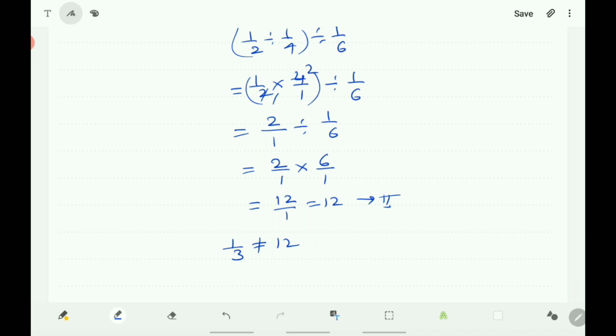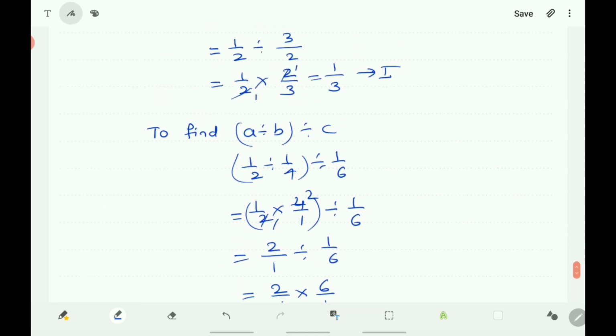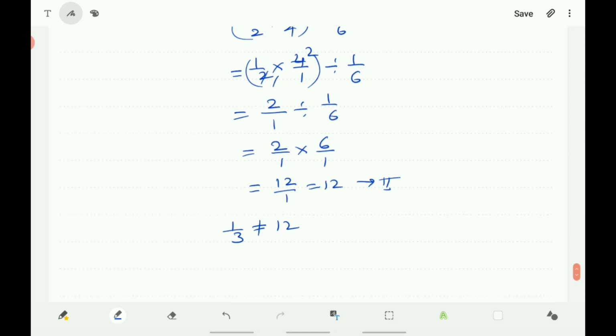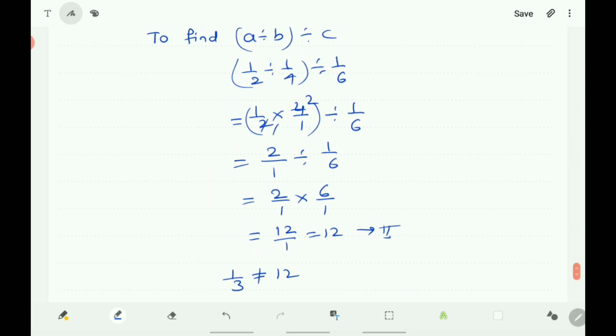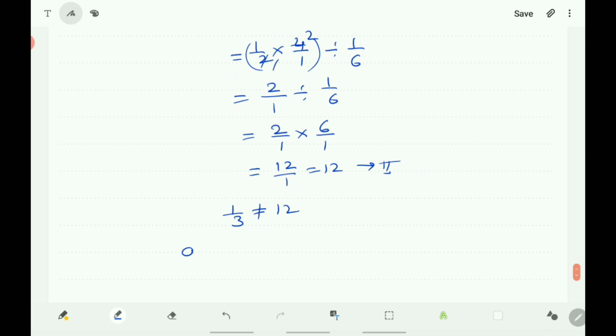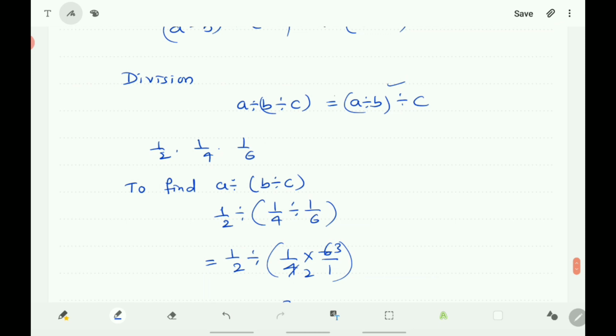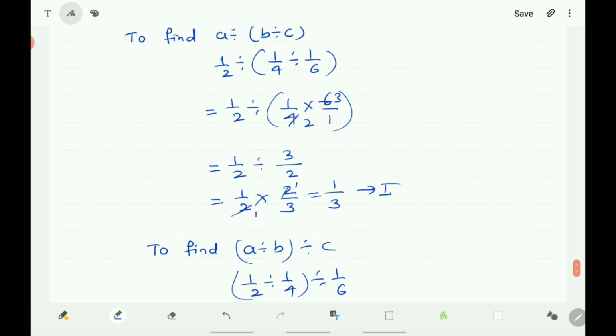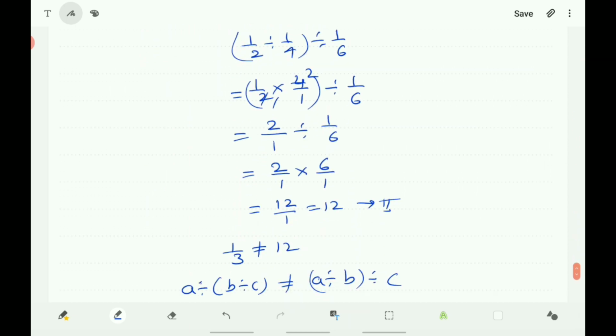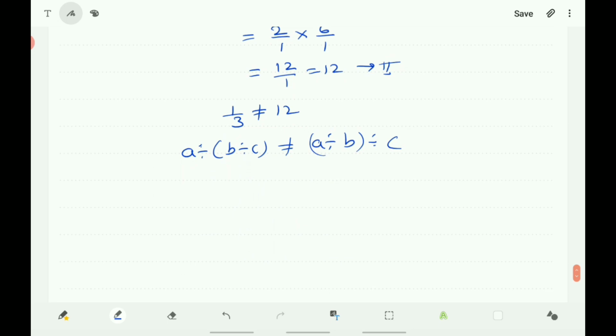From the first and second you can verify here that 1 by 3 is not equal to 12. And 1 by 3 not equal to 12 means, you know that A divided by B divided by C is not equal to A divided by B divided by C. Therefore, you can say that division is also not associative for the rational numbers.